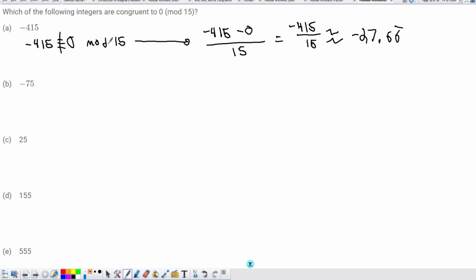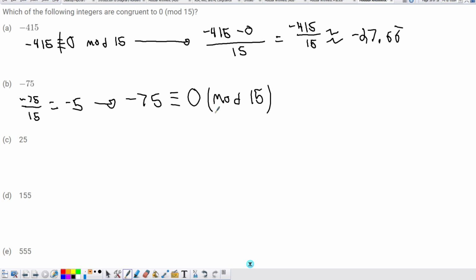Then we can breeze through the rest of these. Negative 75 over 15: 15 goes into 75 five times, so it's negative 5. So it is true that negative 75 is the same as 0 mod 15. Now 25. We should be able to see that 25 is not going to be the same, because 15 times 1 is 15 and 15 times 2 is 30.